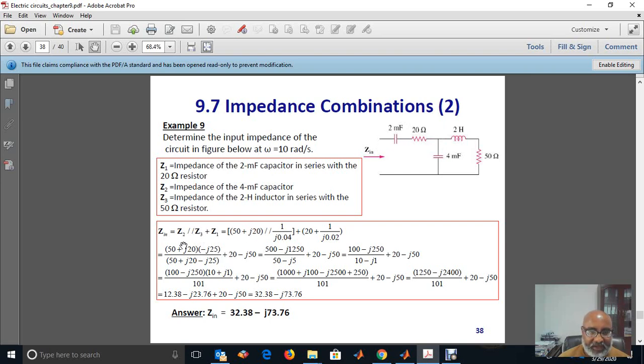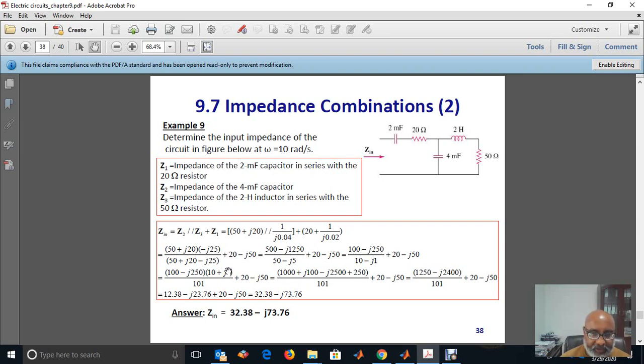So Z3 is 50 plus j20 in parallel with the capacitor impedance 1 over j0.04, plus Z1, the series combination of these two, which is 20 plus 1 over j0.02. What is 1 over j0.02? It is the capacitor impedance.